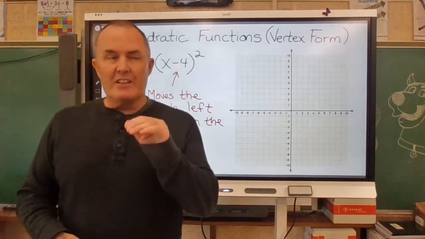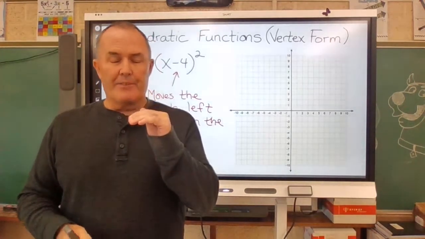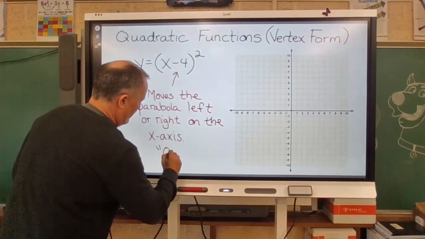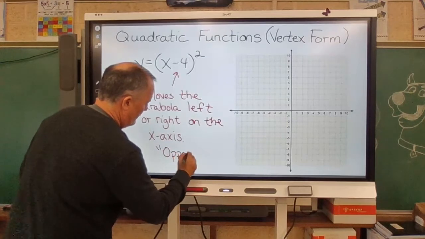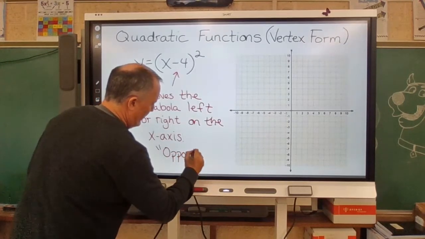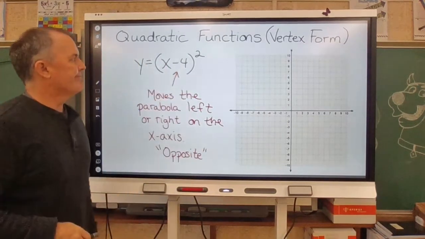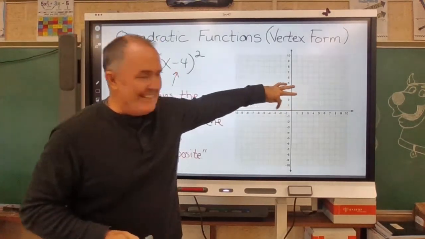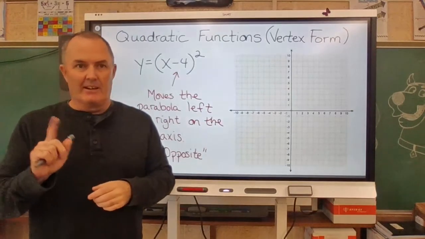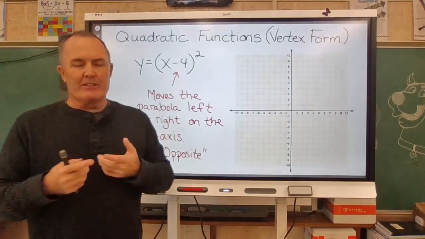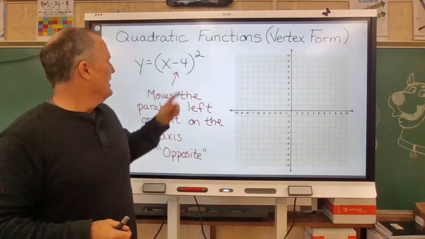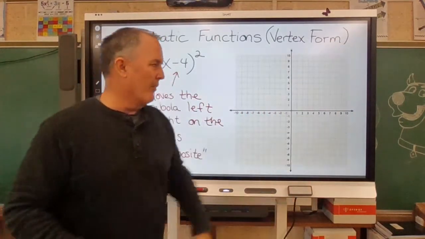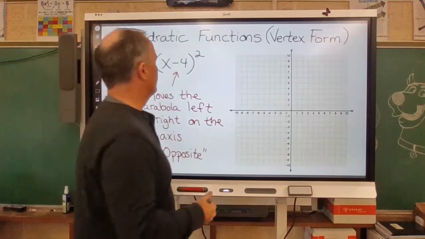But just like in absolute value, it moves in the opposite direction. So we go opposite of whatever that number says. Because if you think about it, -4, you're thinking we're going to move in the negative direction. We don't do that. It actually moves in the opposite direction. So here, instead of moving in a negative direction, we're going to move in a positive direction 4 units.